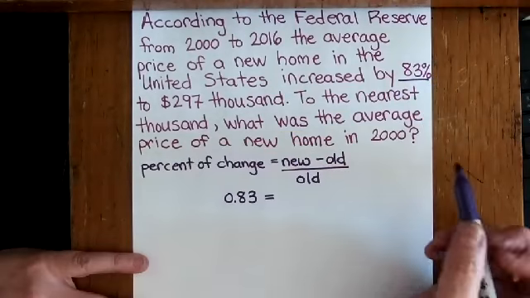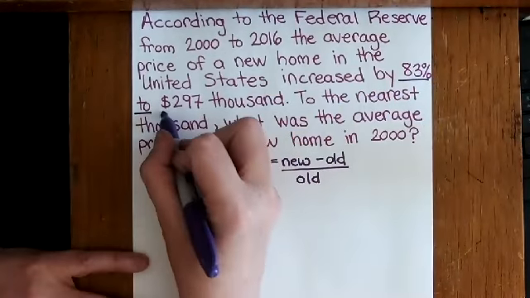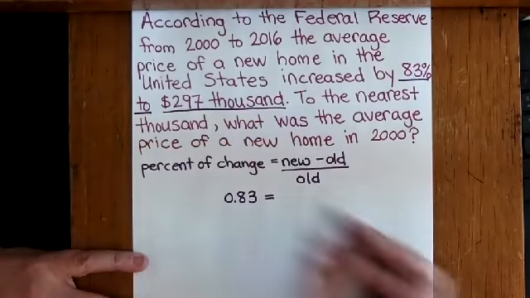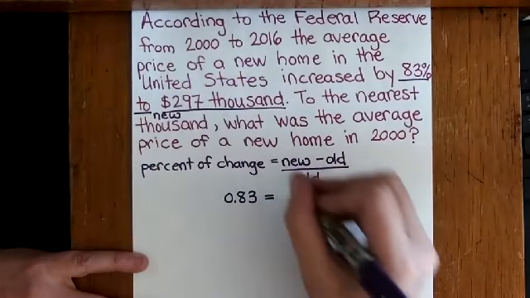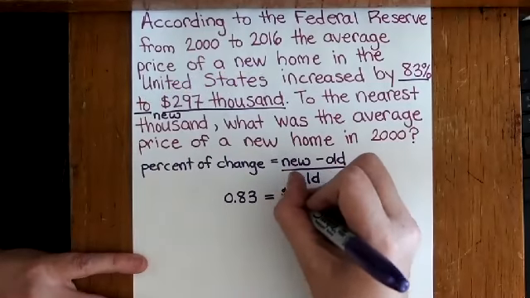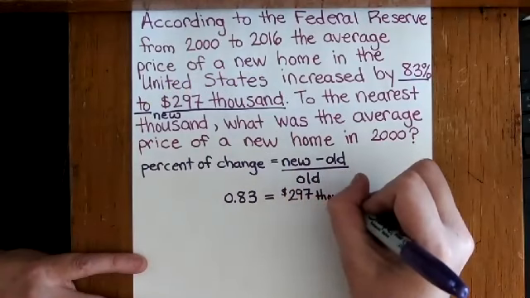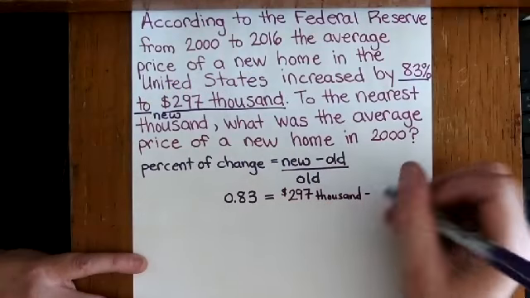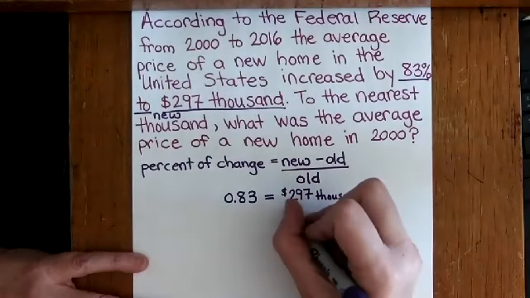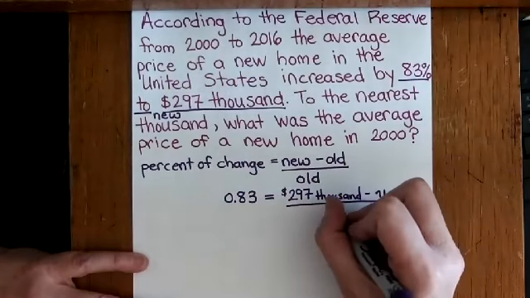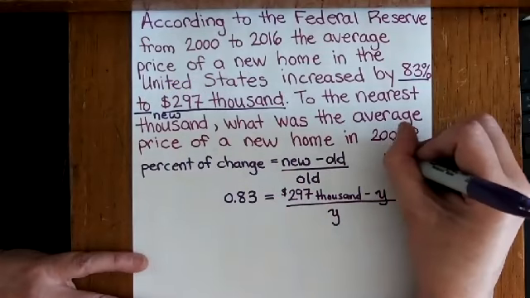And we increased to $297,000. So when we increase to something, this is actually our new amount. So we'll put in our 297,000 minus the old, which is some unknown quantity we'll call y, divided by that unknown quantity we'll call y. So note to self, y equals old.